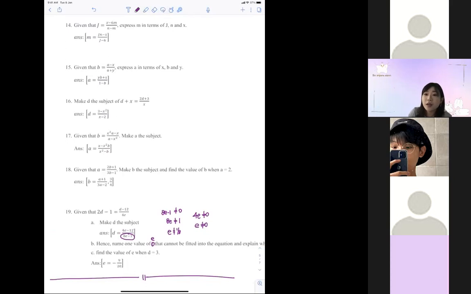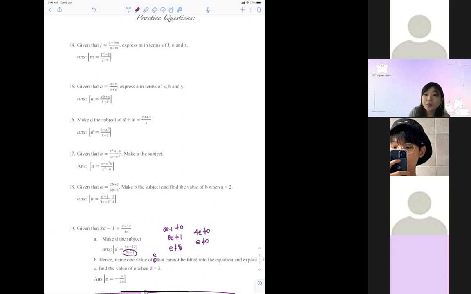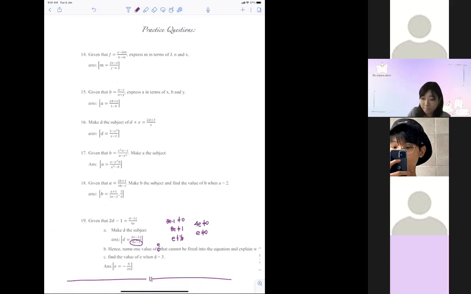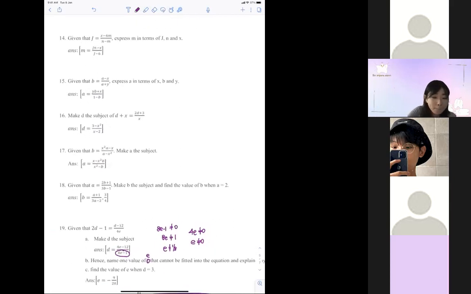Okay, Megan and Money, y'all, any questions? Kenneth also, can do or not? If you got stuck anywhere, please let me know, okay? You just take a picture and send me.